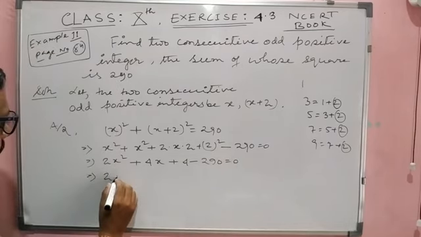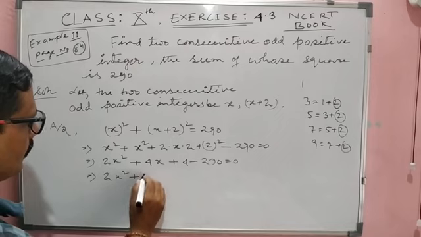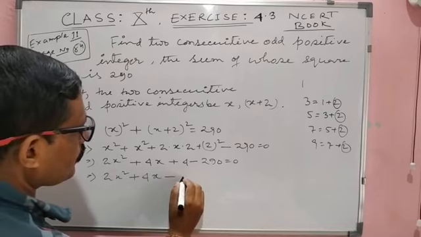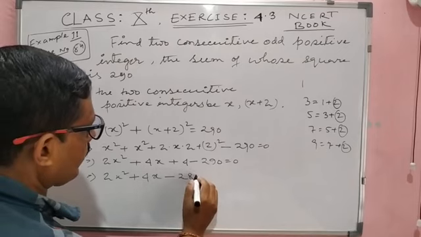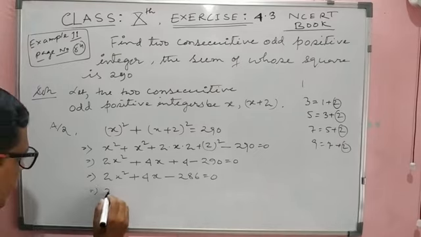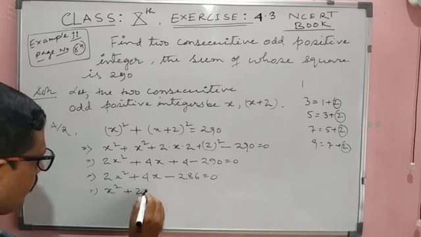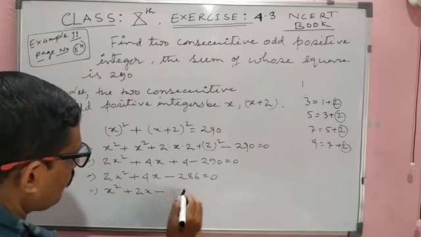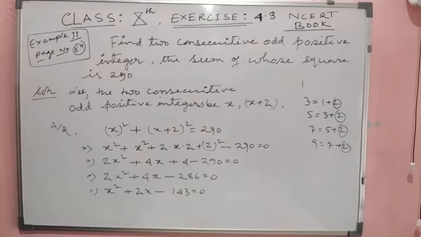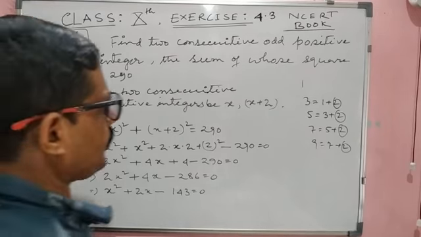So 2x square plus 4x minus 286 equal to 0. Now this can be divided by 2. We get x square plus 2x minus 143 equal to 0. Now this is the standard form, and you can solve by the factorization method.